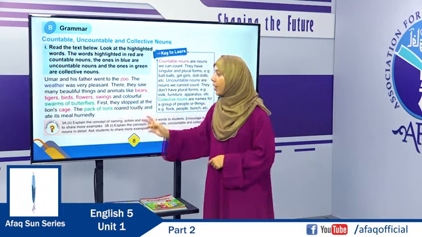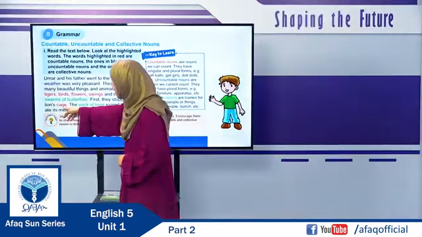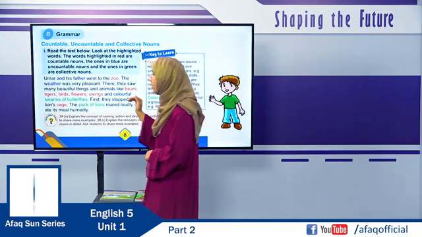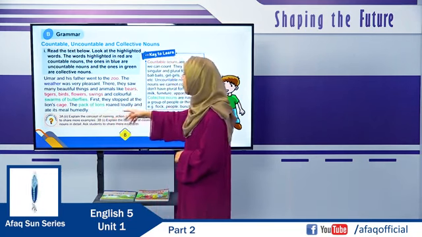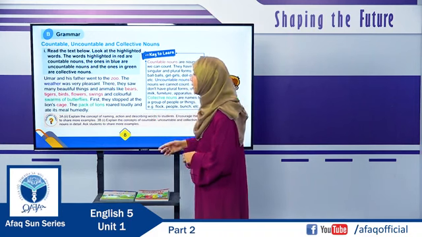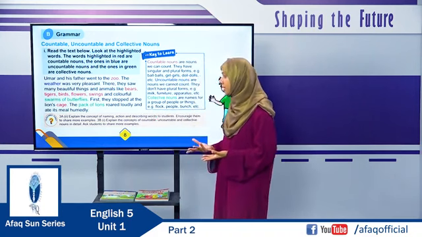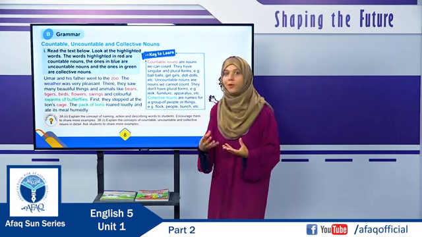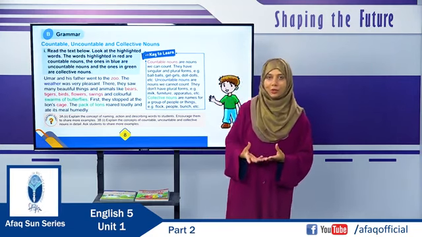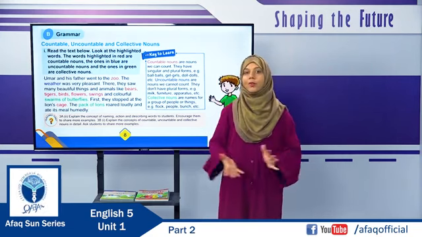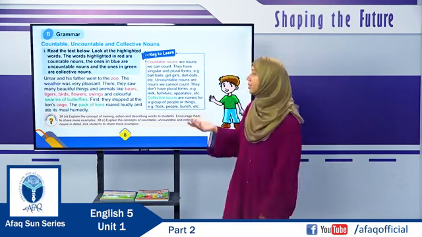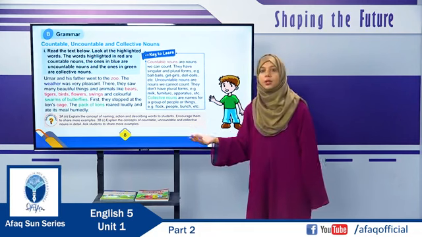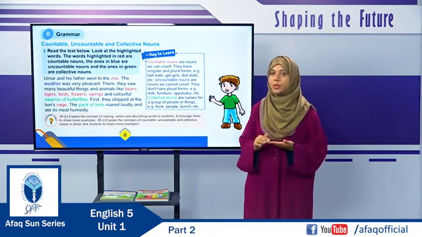First, they stopped at the lion's cage. Yes, cage is also a countable noun. The pack of lions roared loudly and ate its meat hurriedly. So, pack of lions is also a collective noun because a group of lions is called a pack of lions. So in this paragraph, as you saw, there are different examples of countable nouns.